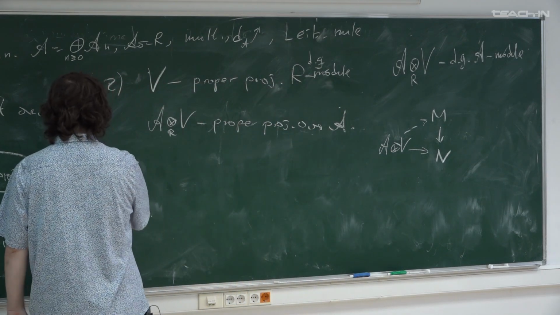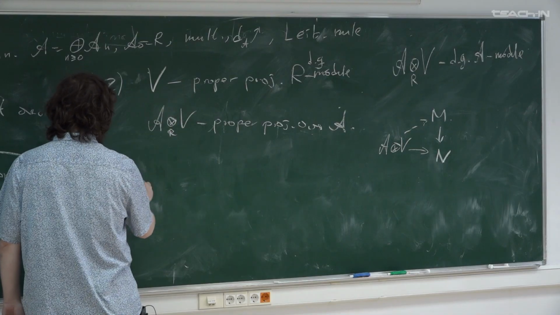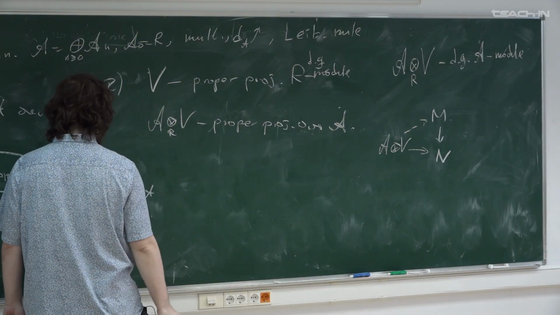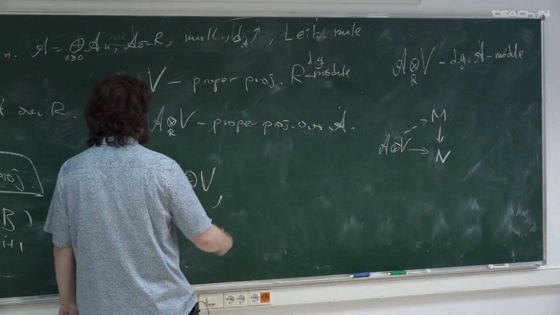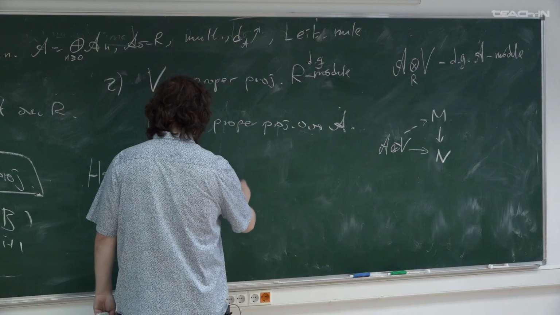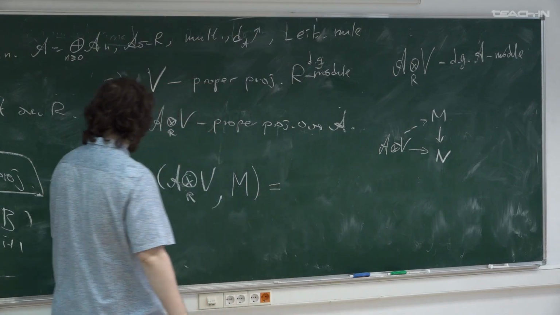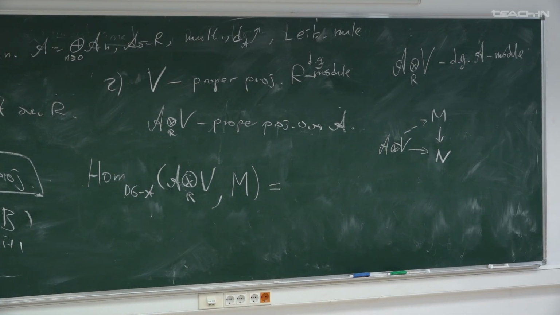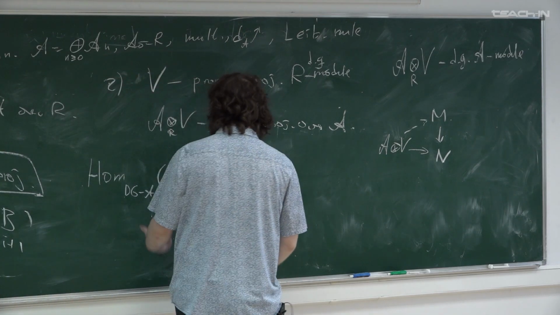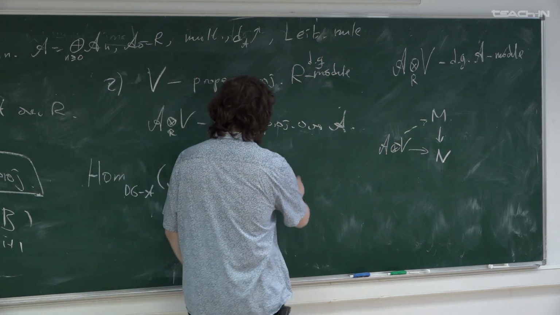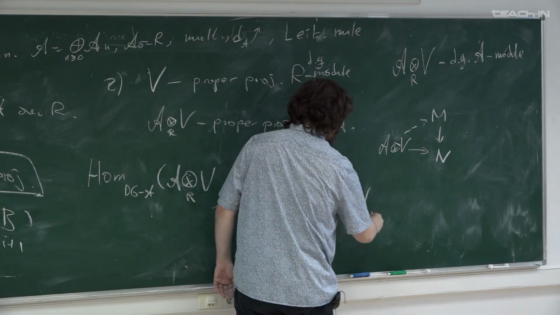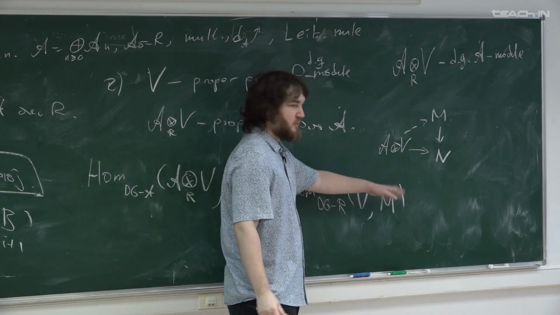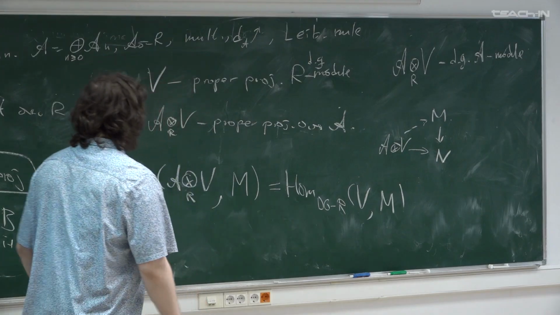What is Hom as differential graded A modules from A tensor over R V to a differential graded A module M? What is it? It's the same thing as what? It's extension of scalars, yes? It's differential graded extension of scalars, but it works. It's just Hom differential graded over R from V to M, where we forget the A module structure on M.